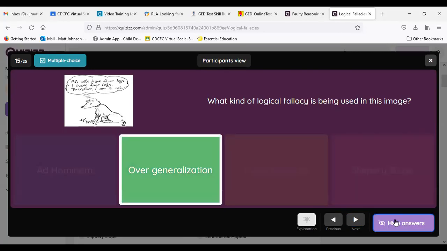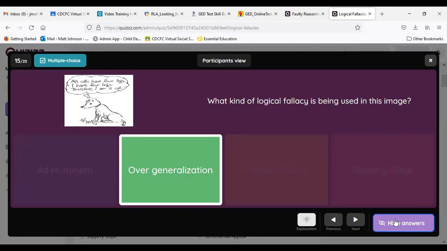Yeah. Now here, this is a little bit confusing because they use that same, if A is true and B is true, A plus B is true, right? So we just saw that before. If all cats have 4 legs, I have 4 legs, therefore I am a cat, right? So here, that's again one of those test-taking tips, test-taking skills. Make sure that you're thinking a lot about the choices that they give you.